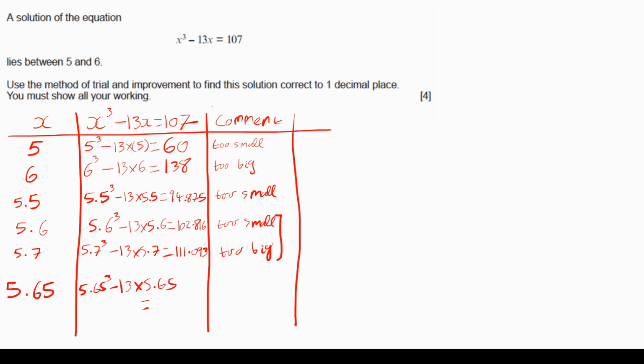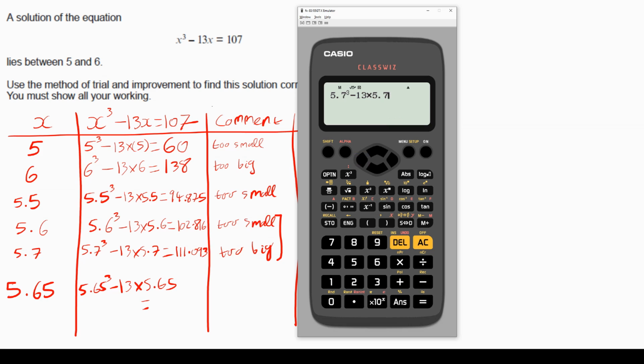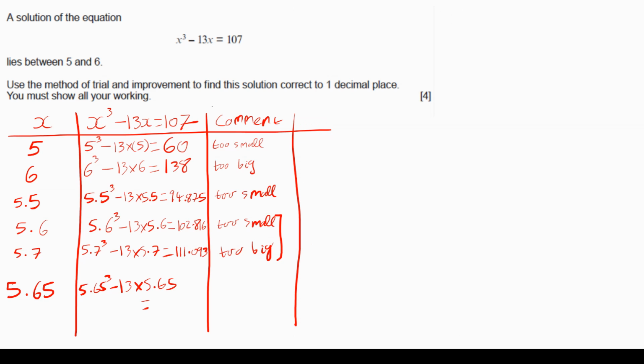Let's see what that is. So using the left arrows on my calculator, 5.65 cubed, take away 13 times 5.65, we get 106.912125. Which is too small because it's ever so slightly underneath 107.